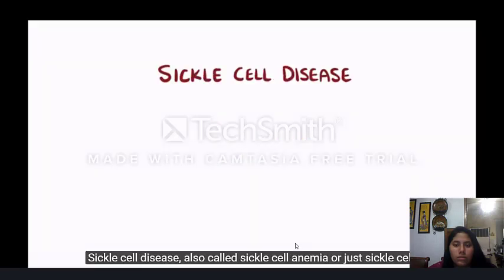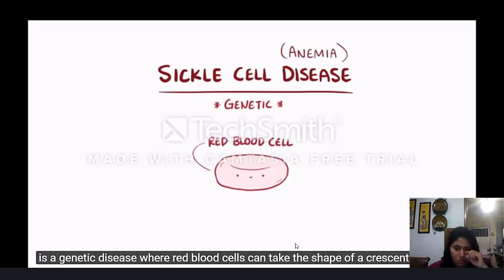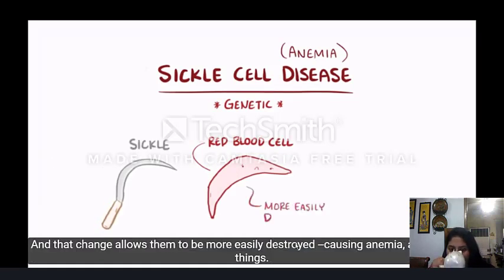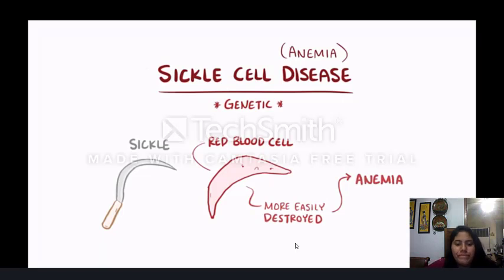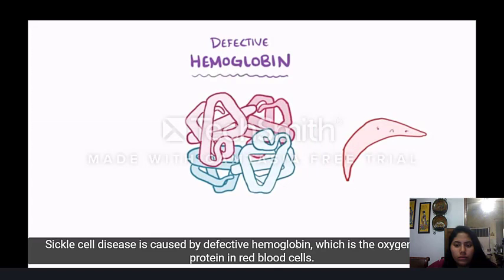Sickle cell disease, also called sickle cell anemia, or just sickle cell, is a genetic disease where red blood cells can take the shape of a crescent, or sickle, and that change allows them to be more easily destroyed, causing anemia, among other things. Sickle cell disease is caused by defective hemoglobin, which is the oxygen-carrying protein in red blood cells.